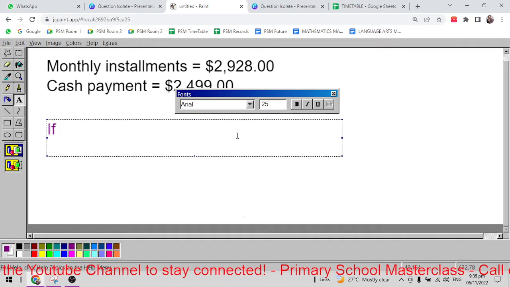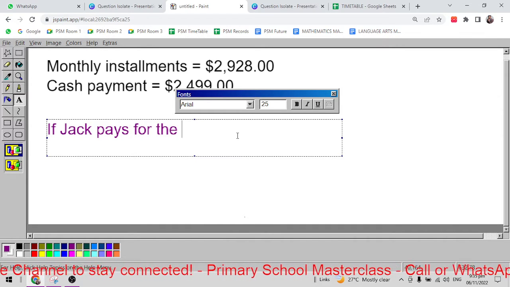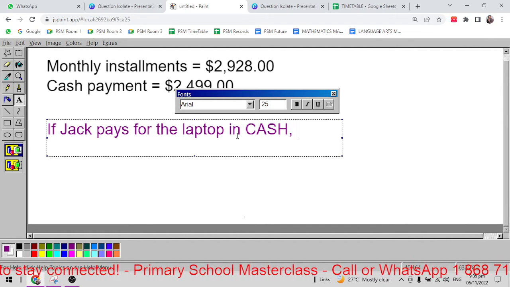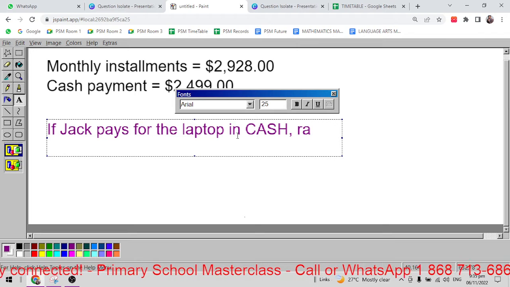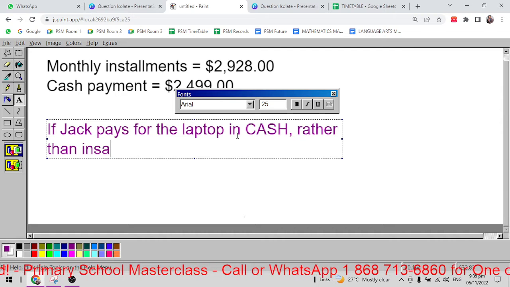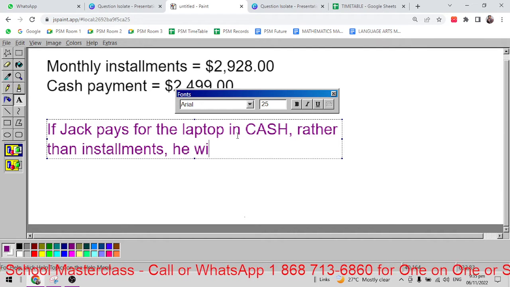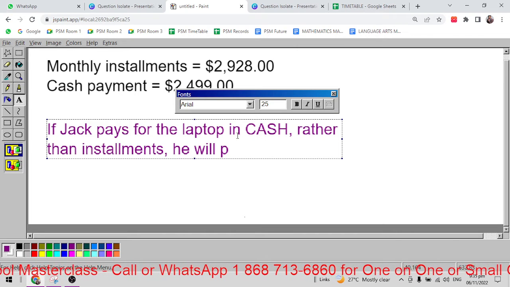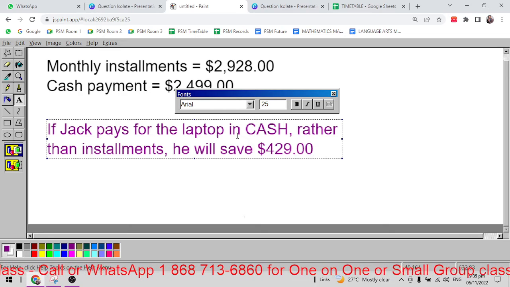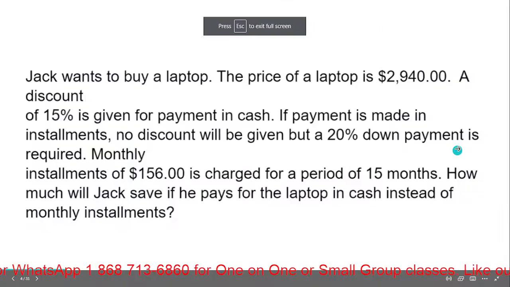If Jack pays for the laptop in cash rather than installments, he will save $429. And that is the answer to your question there, guys.